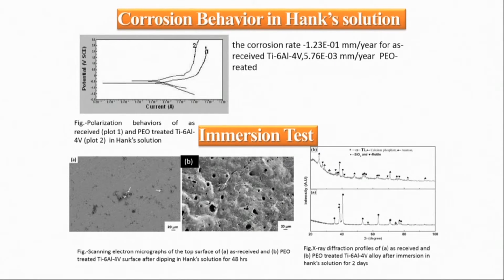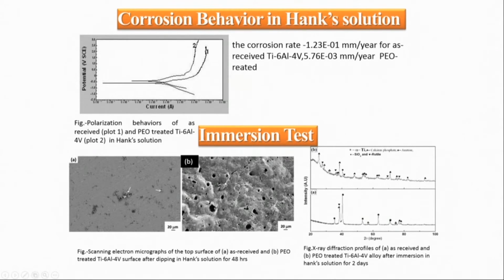If you check the corrosion behavior, you will find that corrosion behavior is also improved, because you see that because of PEO treatment there is shifting of the Ecorr value towards the noble direction. And when you dip in Hank's solution and see the calcium phosphate deposition rate, there is not much significant difference, but if we keep it for a longer time, possibly we would get some results.